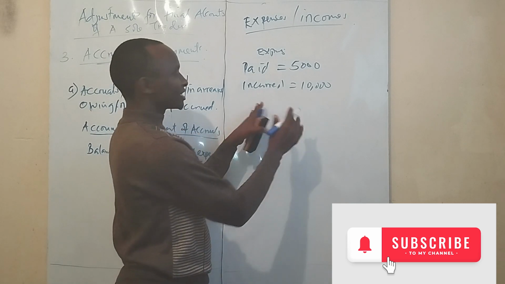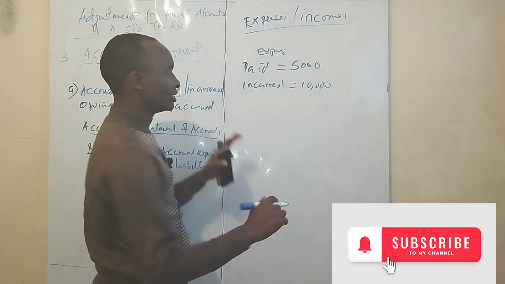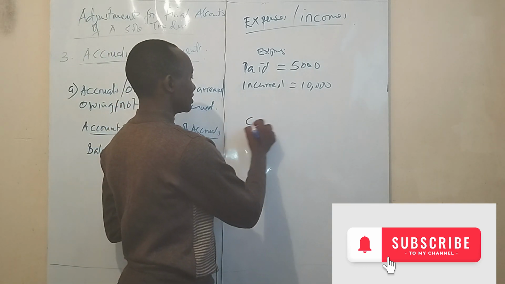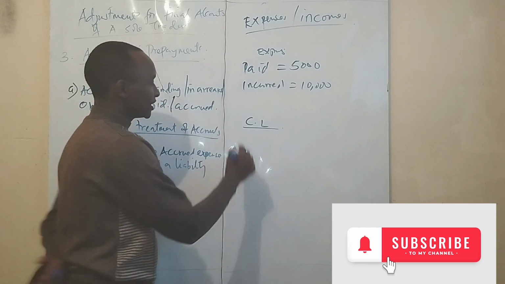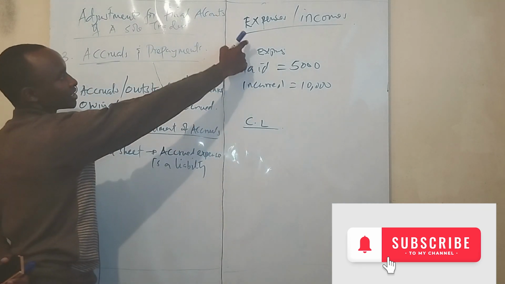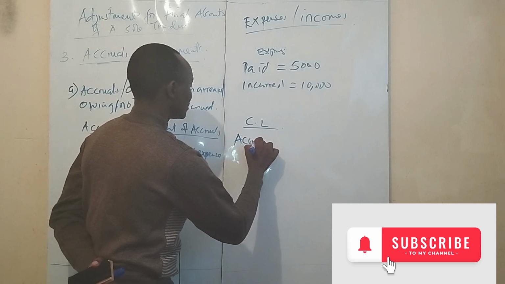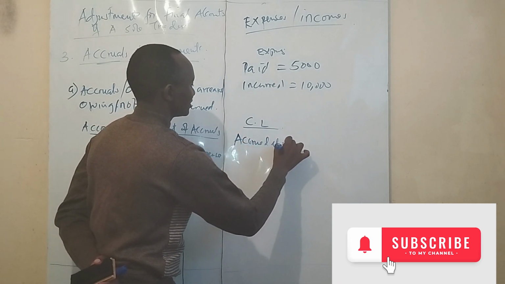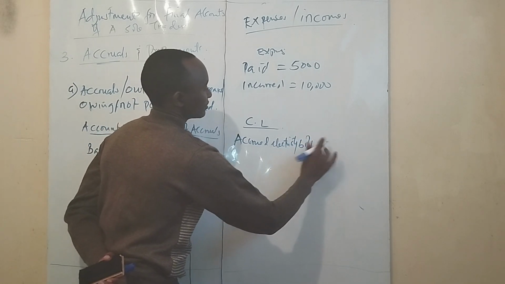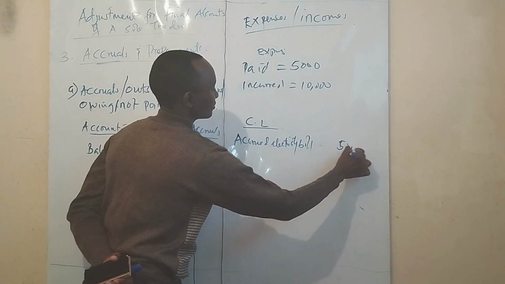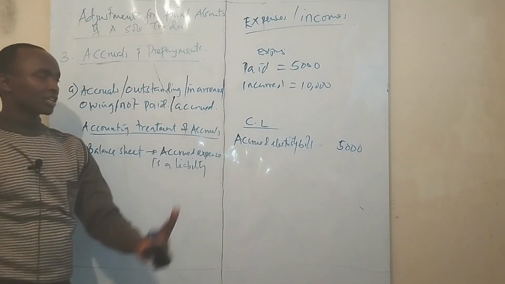If you have the statement of financial position, I want to believe you remember the format, right? So you have the current liabilities. There, if it's the electricity bill, you will say accrued electricity bill of maybe 5,000, because that is what is accruing at that time. So that is how to do it.